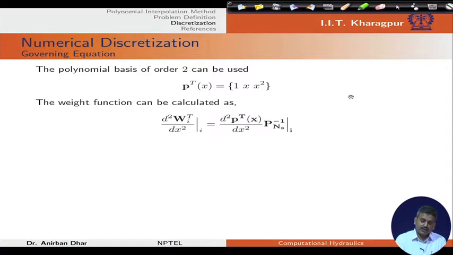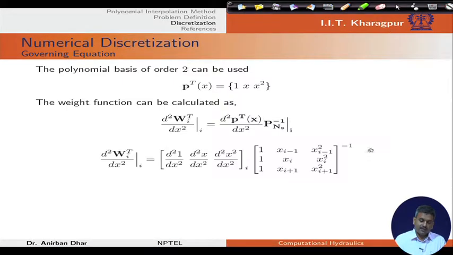So with this we can calculate the weight function. So this is nothing but P transpose x, this is d2 dx2 of this, and this is P inverse for ns points in the support domain.